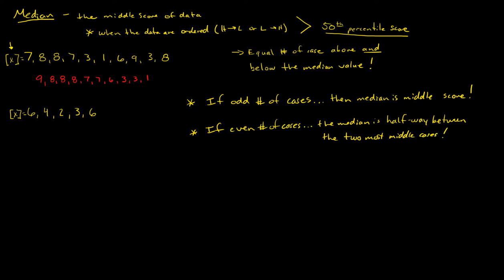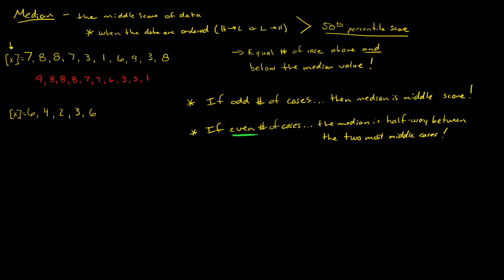So in other words, halfway between the two most middle cases would be taking the two middle cases, adding them together, and dividing by 2, or getting an average between them. Let's look back up here at our data set that we've ordered from high to low in red: 9, 8, 8, 8, 7, 7, 6, 3, 3, 1. So there are 10 numbers here, and that is an even number of cases. So we're down here in this if-then statement in green, and that means we go over to the innermost 2.